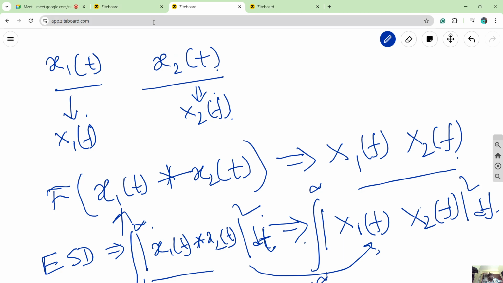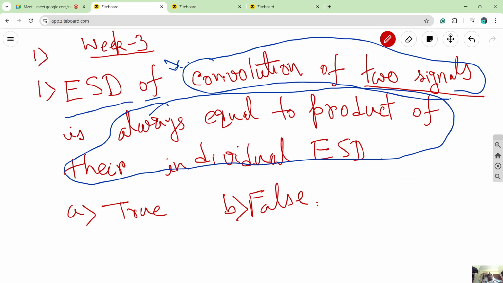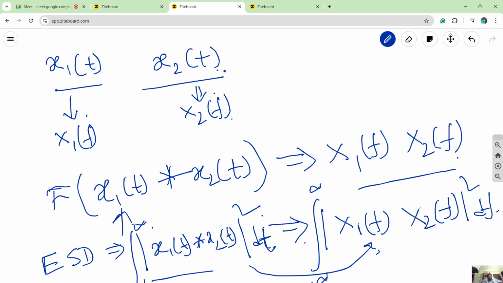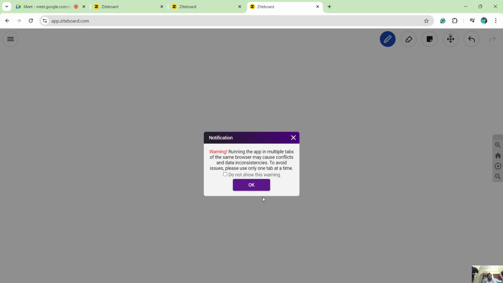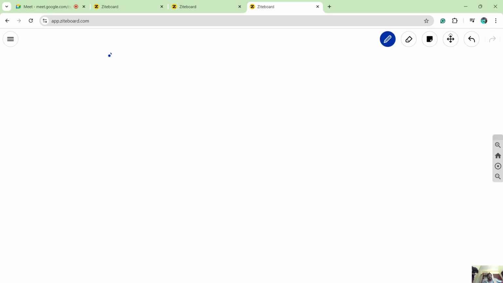So that's why, convolution of two signals, and then if I want to calculate the energy spectral density, then it is always equal to the product of the individual ESDs. So also, if I want to calculate the ESD of x1(t), what will it be? Minus infinity to infinity. Now individually we want to calculate to check.